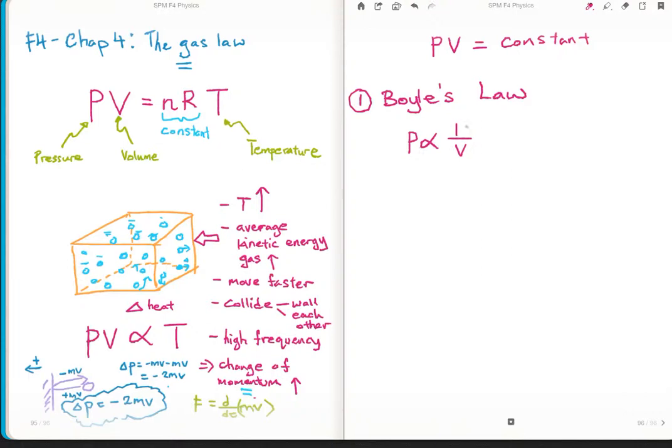How can I relate this law to this theory? Now, what happened for this cube when the volume increases?